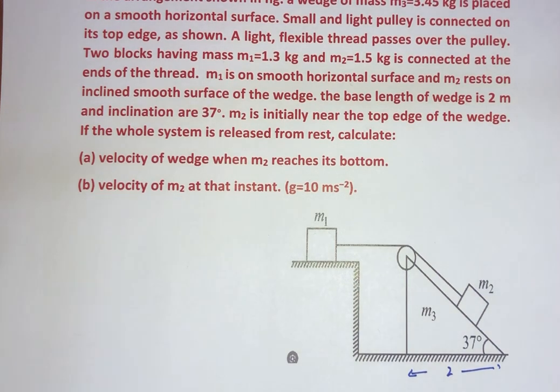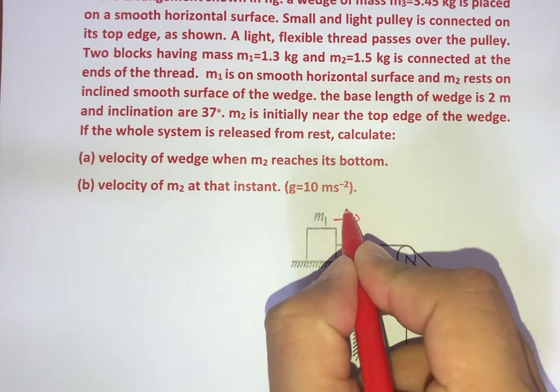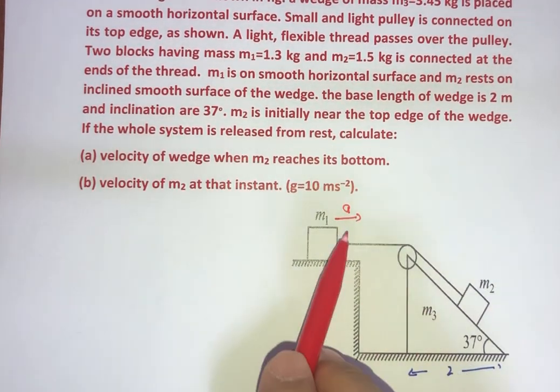First of all, let us assume that M1 is moving with an acceleration of A. We say that M1 is moving with the acceleration of A in the right direction, and because of that, what is going to happen?